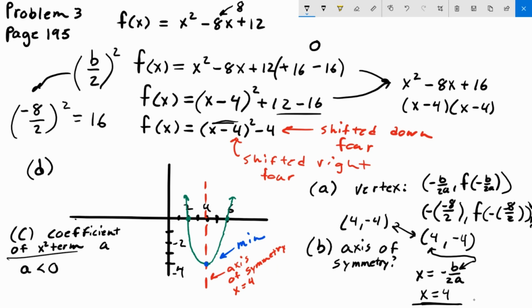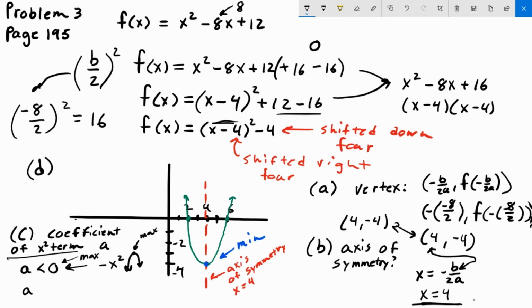So what this is effectively saying is that a less than 0 is equal to a parabola of the form negative x squared, meaning it opens down. And as you can see, the vertex is the maximum value. So this means that the function's vertex is the maximum.